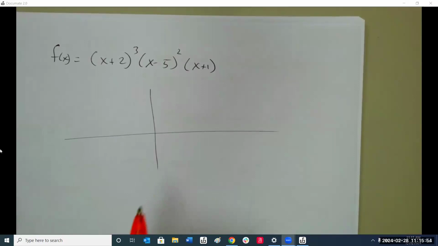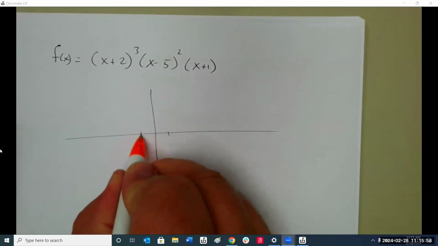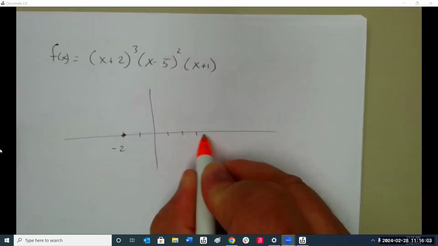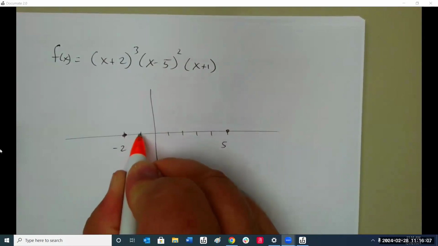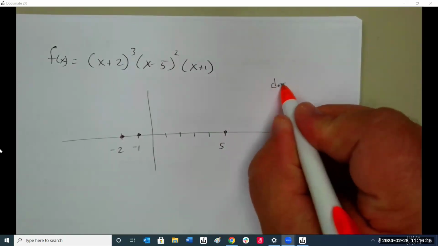What are my intercepts? So negative 2, 5, and negative 1. We know the degree is what?